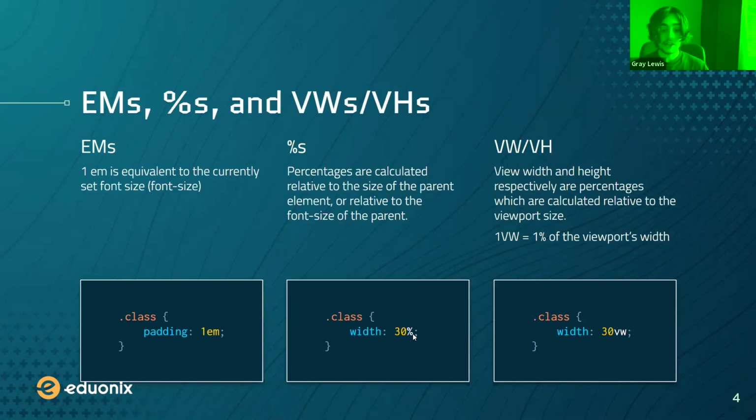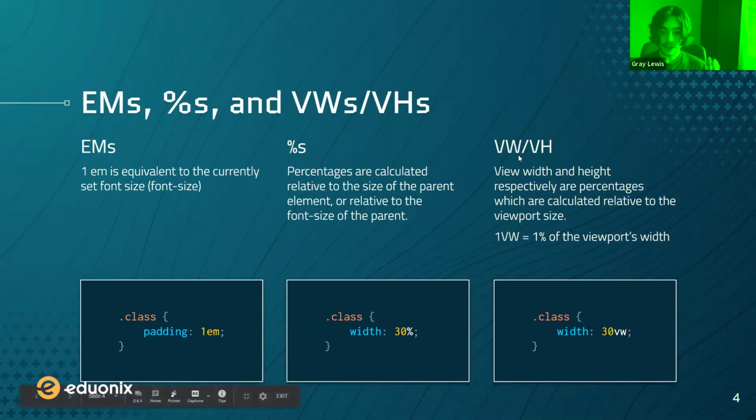That means this element will take up 30% of its parent element, or it will be relative to the viewport if it's a top level element. Additionally, when it comes to font sizes, you can also define them with percentages, and that will be relative to the font size of the parent.